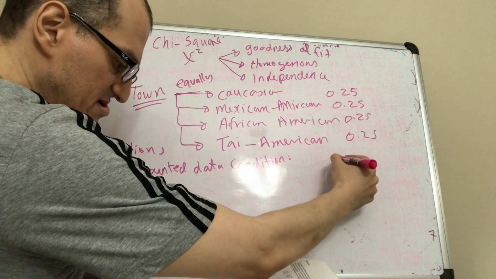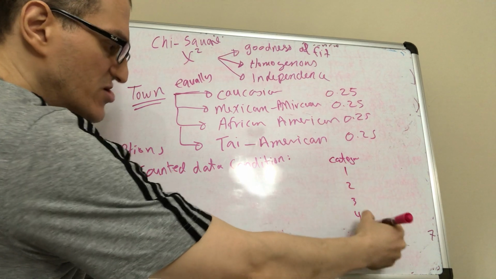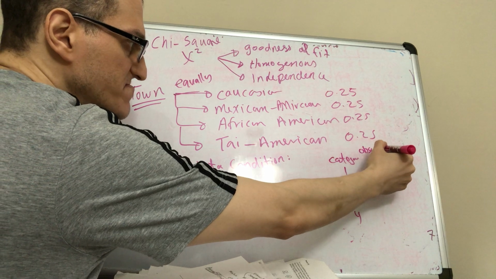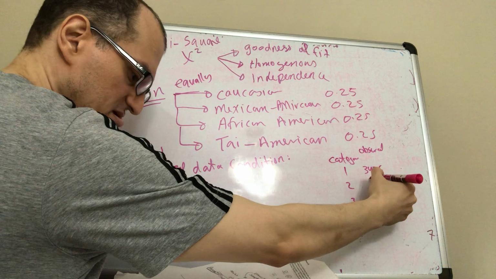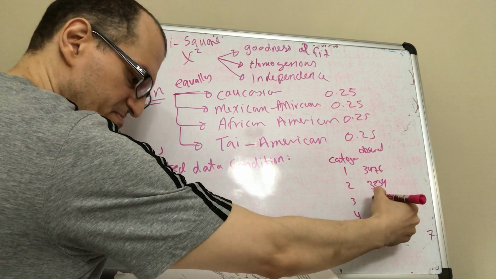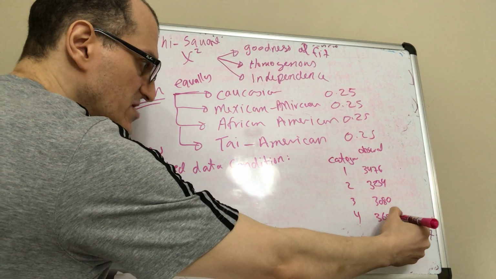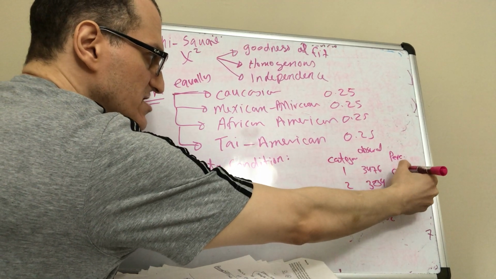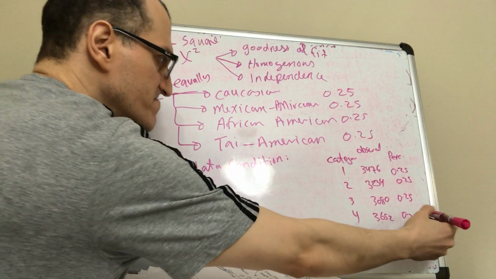in the Minitab you see something like category 1, 2, 3, 4, and then you say the word observed: 3,476, 3,234, 3,080, 3,652. You got percentage, and that's what we say, 25, 25, 25, 25.